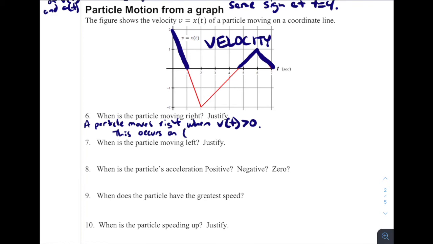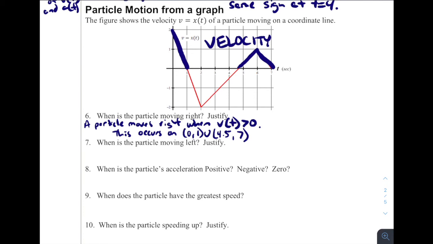So it goes from 0 to 1, t equals 0 to t equals 1. And it looks like maybe around 4.5, 4.6 to 7. So, and I'll put union 4.5 to 7. So I'm saying here that between time 0 and 1 and from 4.5 to 7, this particle is moving right.